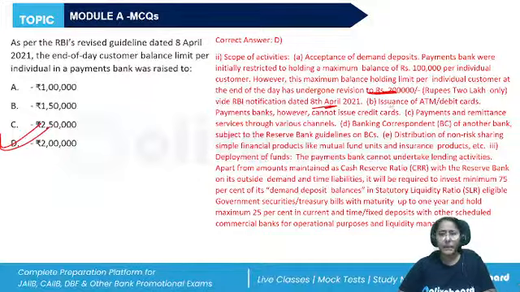Other than that, payment banks can issue ATM or debit cards but cannot issue credit cards. They can also allow payments and remittance, act as banking correspondent of another bank, and distribute non-risk sharing financial products. All of these activities are allowed to be conducted.